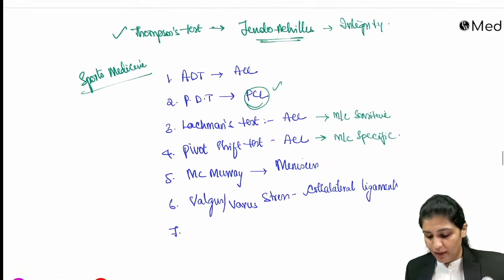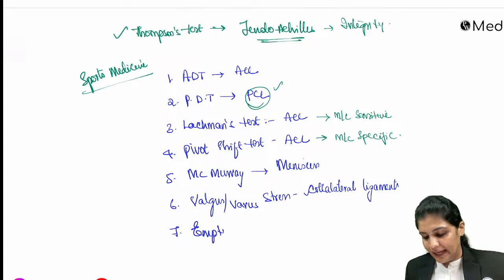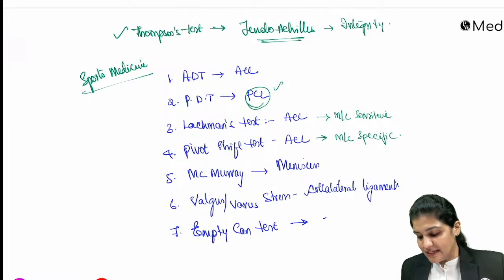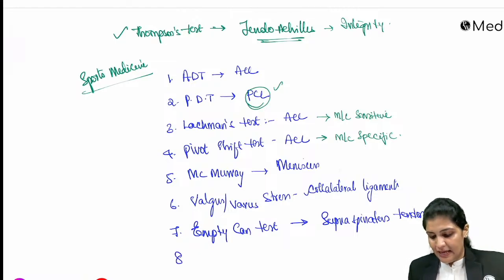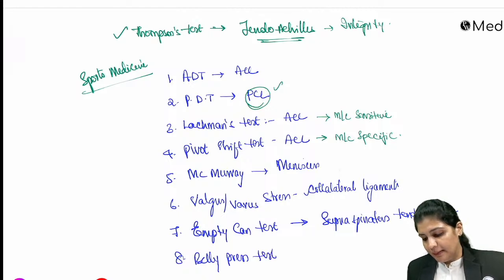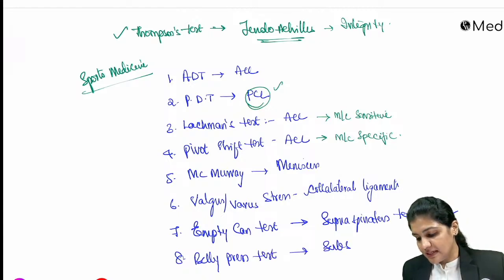Then we'll go to the shoulder where you have the empty can test. So the empty can test is for your supraspinatus. Supraspinatus tendon tear is the empty can test, and your belly press test. Belly press is for your subscapularis, right?